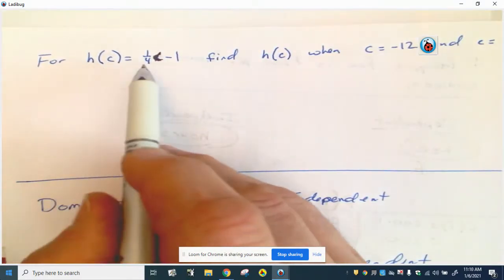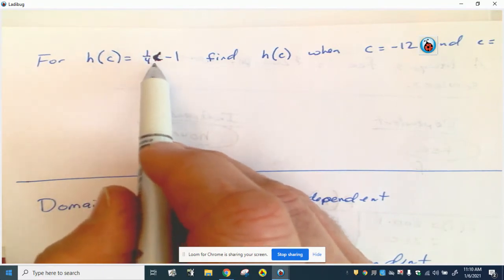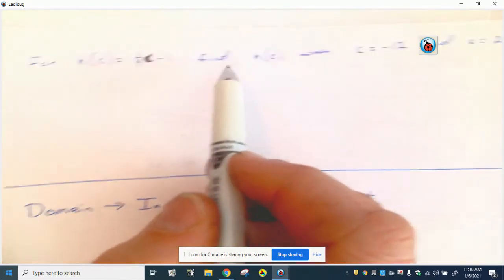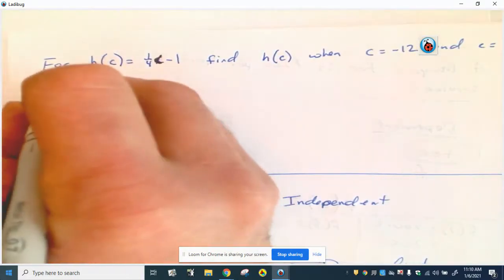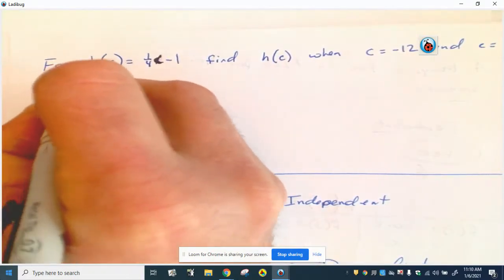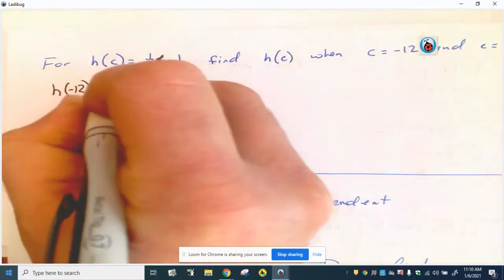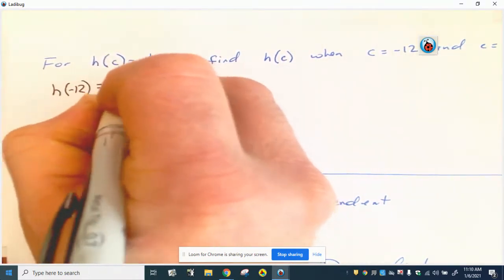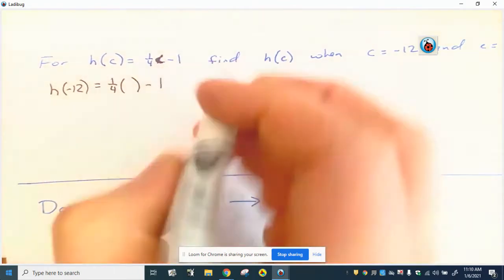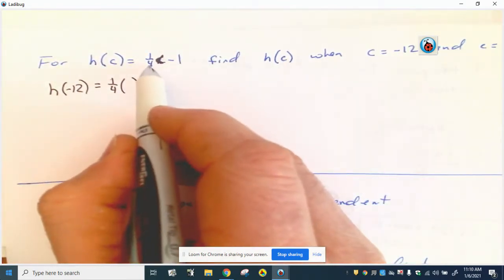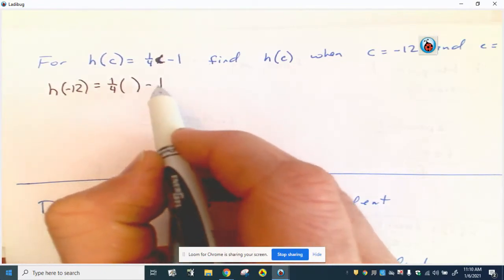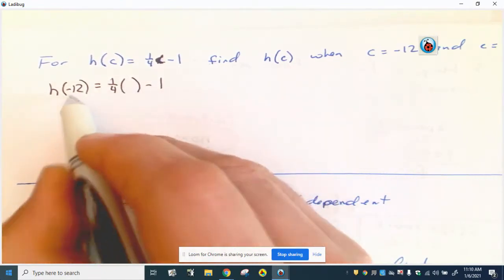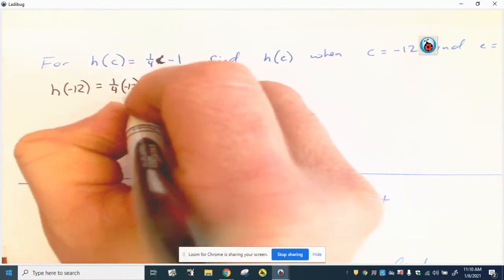If h of c is equal to the function 1/4 c minus 1, find h of c when c is equal to negative 12. Well, that just means we're trying to find h of negative 12. And again, all we do is we rewrite the expression, 1/4 c minus 1, but we're going to replace the c with a negative 12.